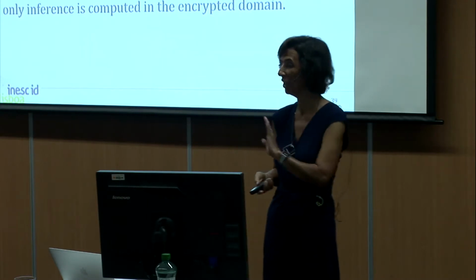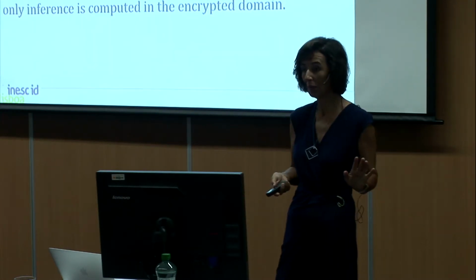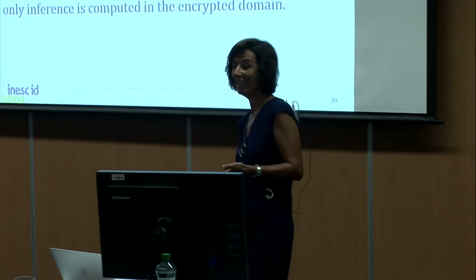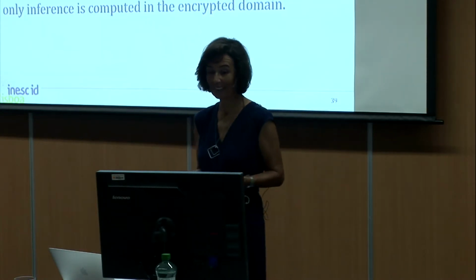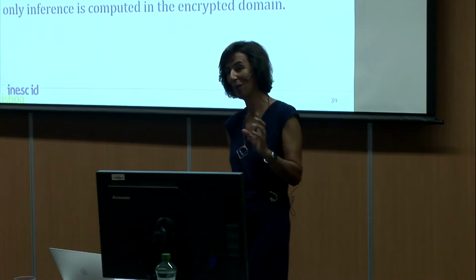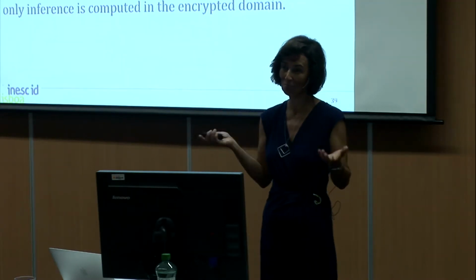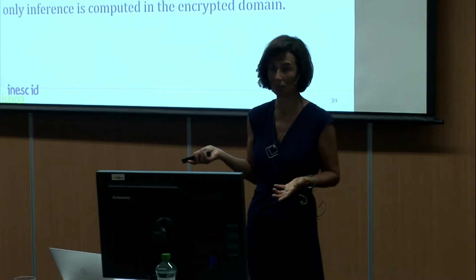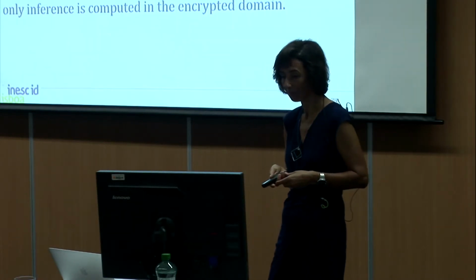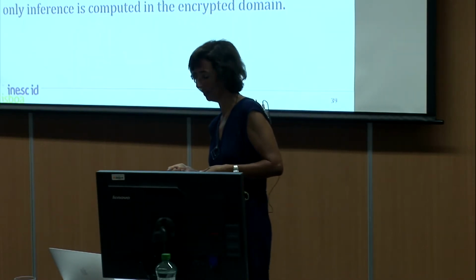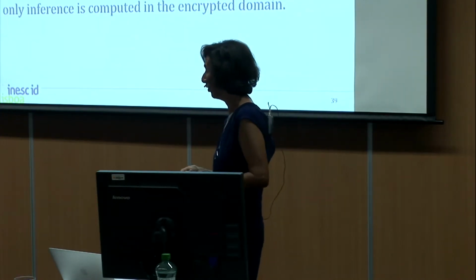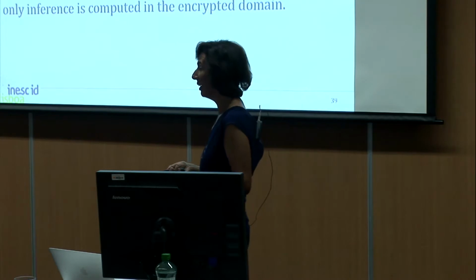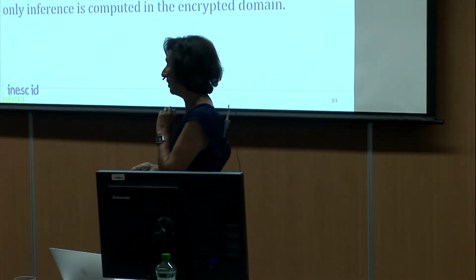That's only additions and multiplications, no problem. But in the activation layer, the operations are nonlinear, so they must be replaced by approximations. In our case, we chose polynomials, of course. But due to the fact that this whole process is very complex, we only do inference in the predicted domain.